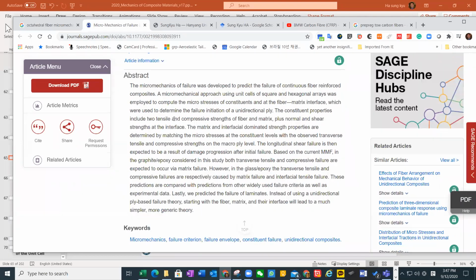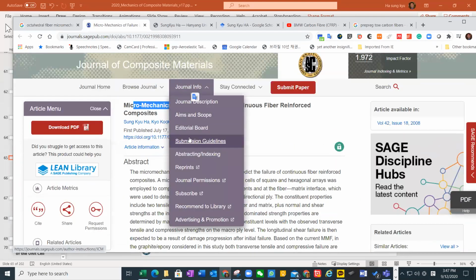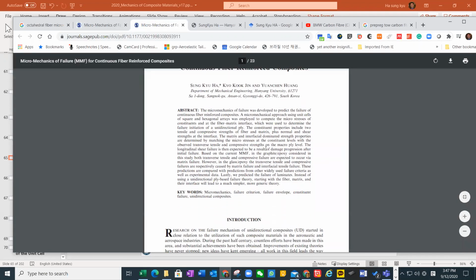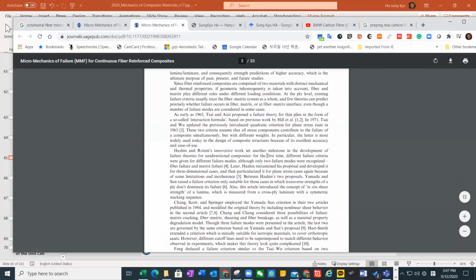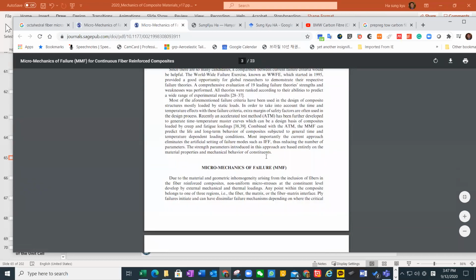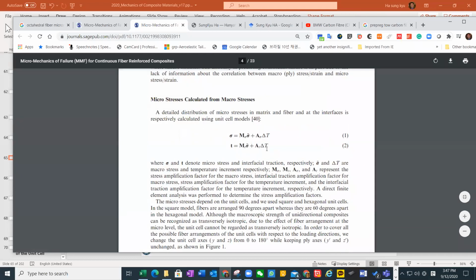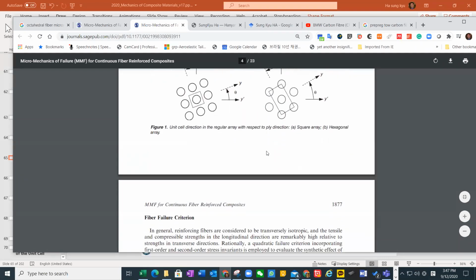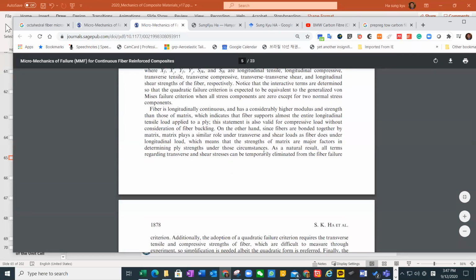You can easily find and download it. For example, this paper discusses all the theory I just explained to you, and the procedures.